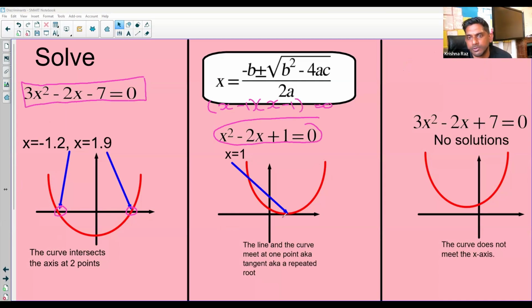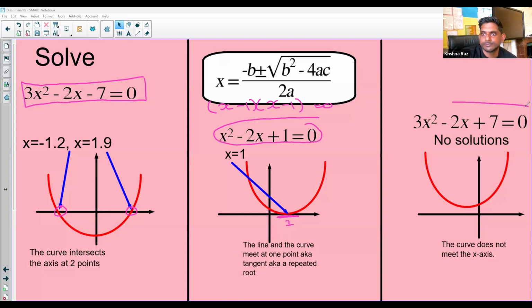So we have a repeated root here, which means the curve is a line. Sorry, the curve is a tangent. The x-axis is a tangent to the curve. So there's one solution. That means the x-axis touches the curve, as opposed to intersecting it.